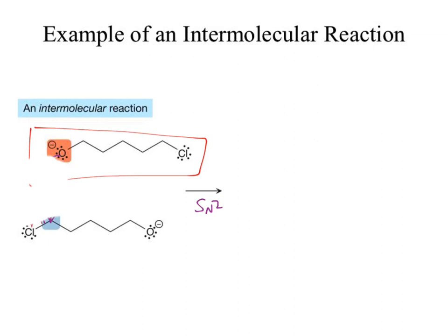So to do an SN2, you have to have a strong nucleophile, otherwise it doesn't happen. I have a negatively charged structure here, which means strong. So based on looking at the nucleophile, quote-unquote base, we know we're doing an SN2.